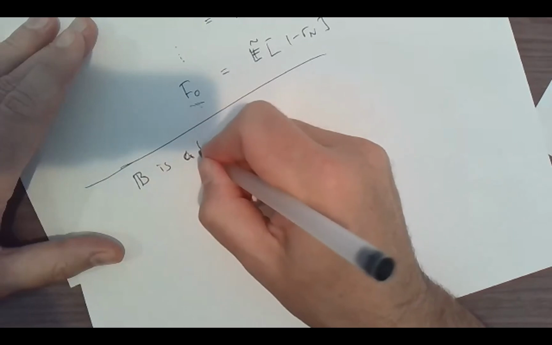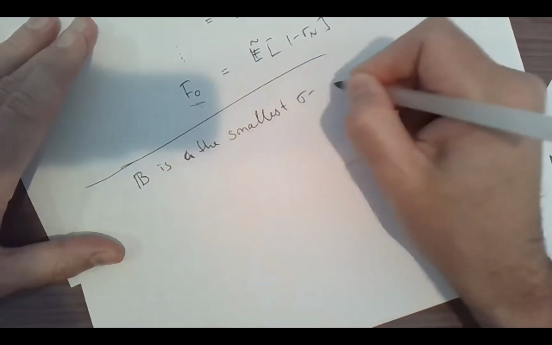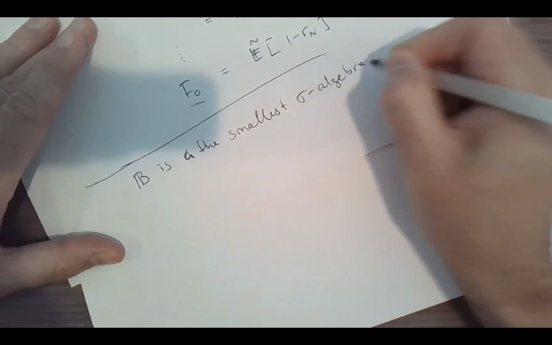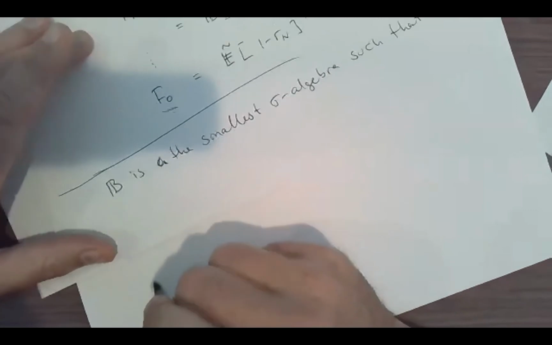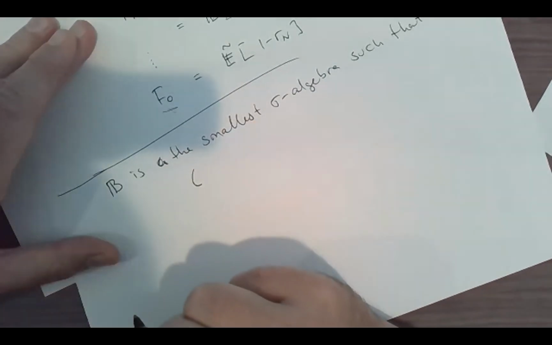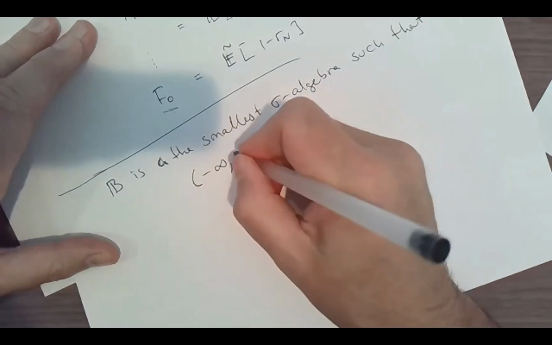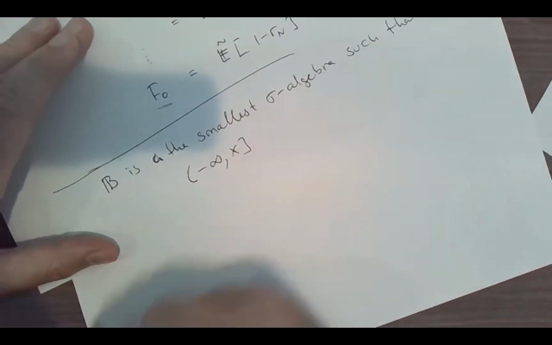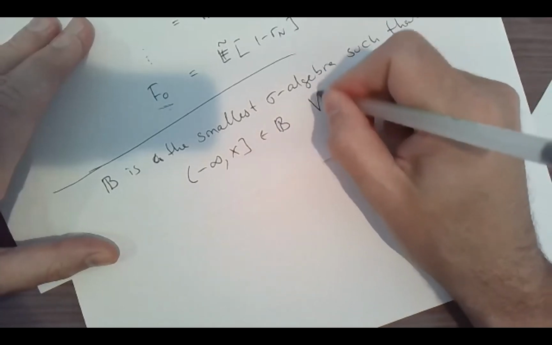This is the smallest sigma algebra such that sets like this belong to B for any x in R.